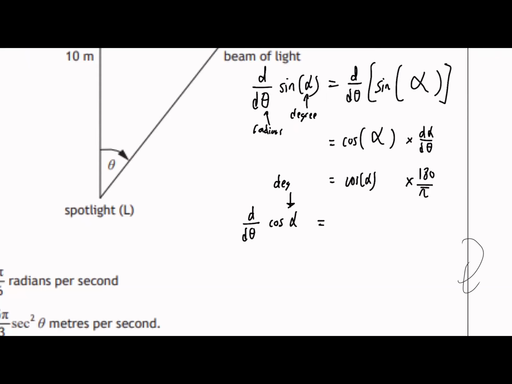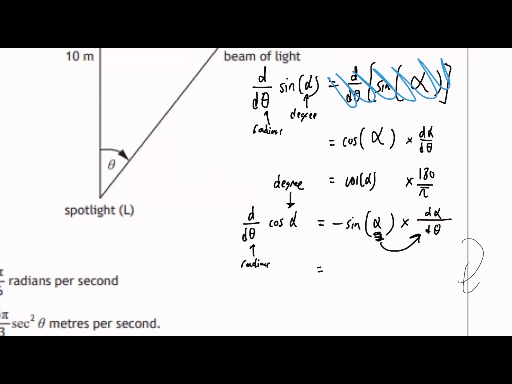Differentiate cosine, you get negative sine alpha, times d alpha over d theta.